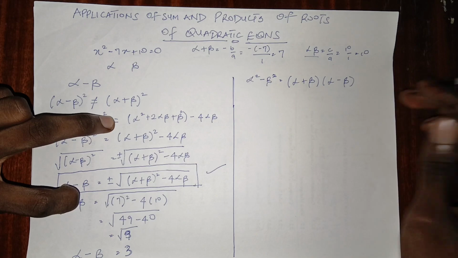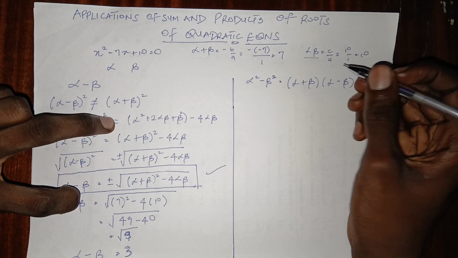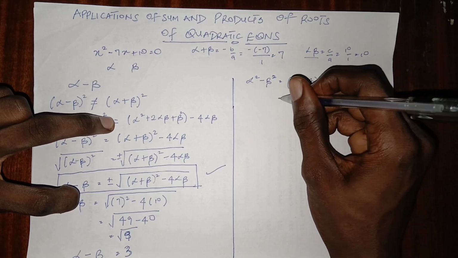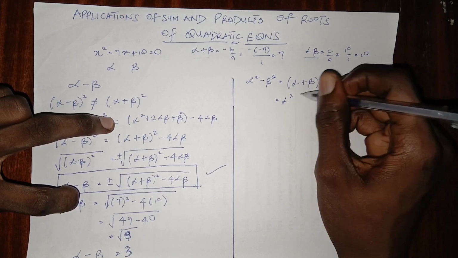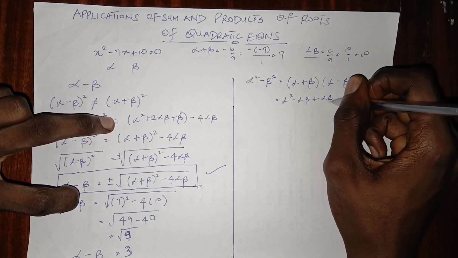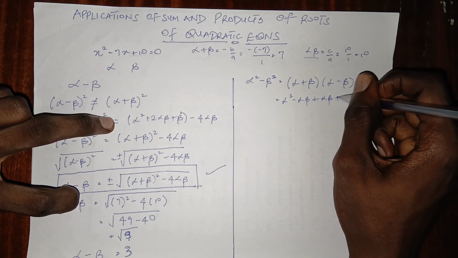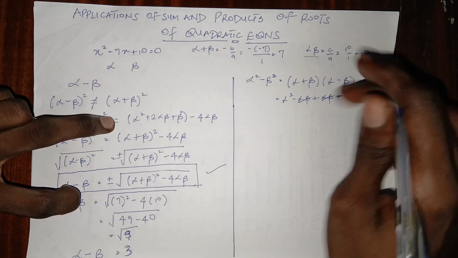If you open this, you have alpha squared minus alpha beta plus alpha beta minus beta squared, and the middle terms cancel, leaving alpha squared minus beta squared. So we just have to go with this.